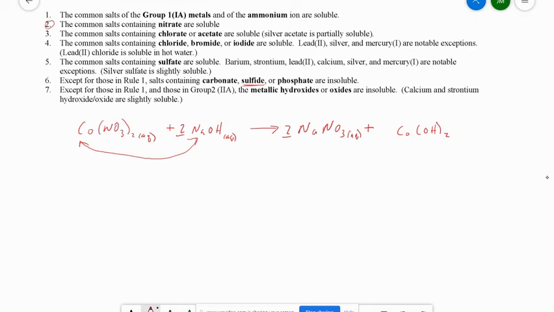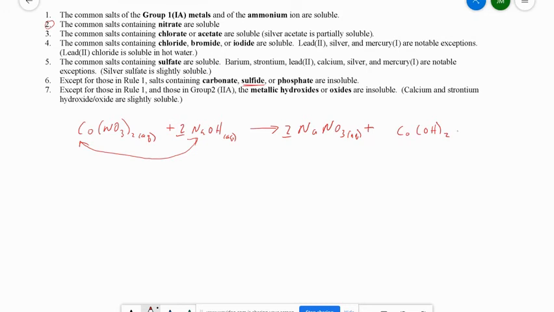Our last one, cobalt 2 hydroxide. Oh, I remember seeing hydroxide someplace. Let's go through here, down to rule 7. Except for those in rule 1 and those in group 2, the metallic hydroxides or oxides are insoluble. Cobalt is a transition metal, so it's not group 1 or group 2.